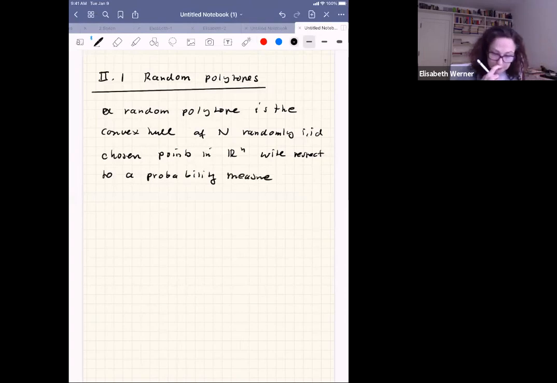I'll call this random polytope Pn, and it's the convex hull of these capital N randomly chosen points.